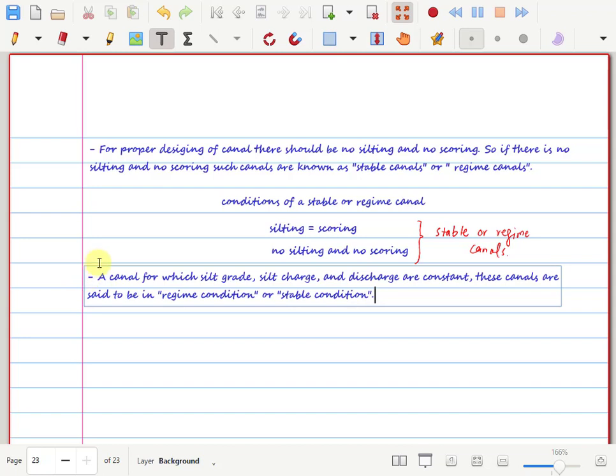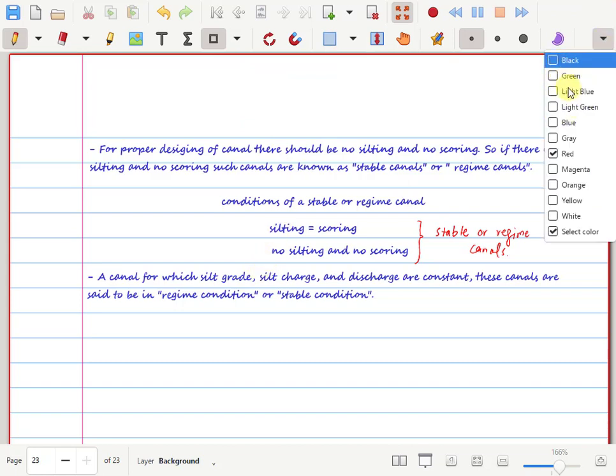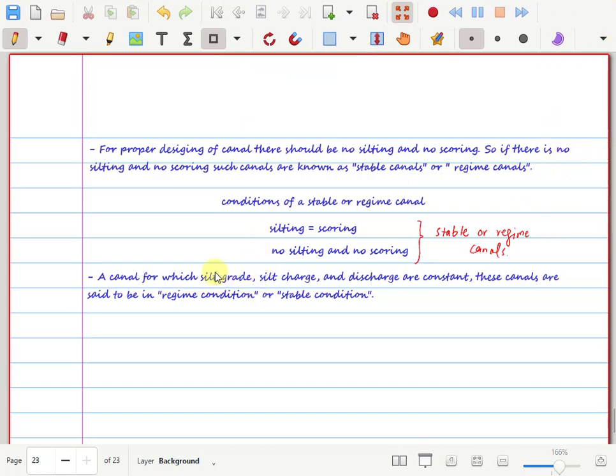Got it? I'm using three terms here, so please try to focus on them. What are those three terms? Silt grade, silt charge and discharge. Okay, so let's see what these three terms are.